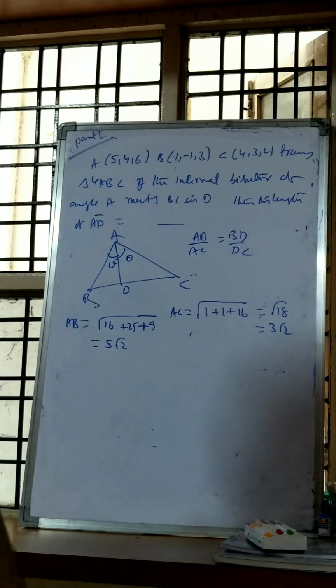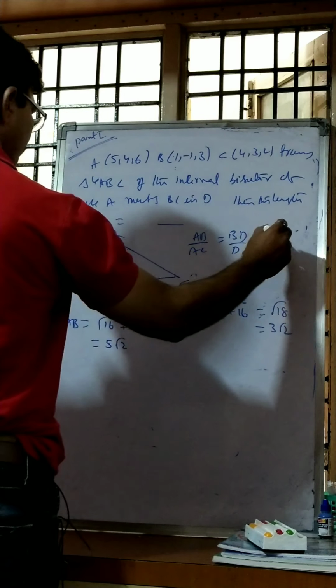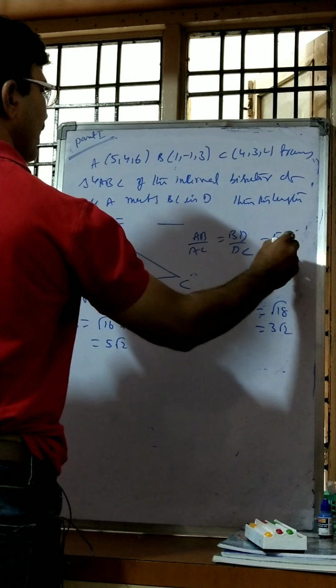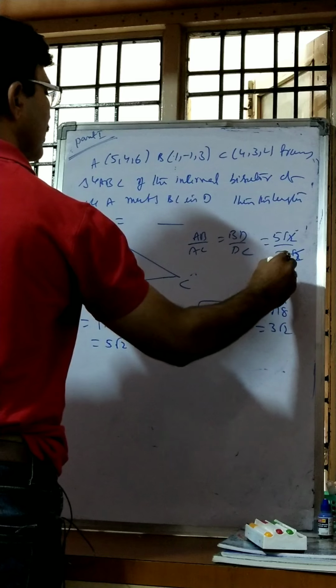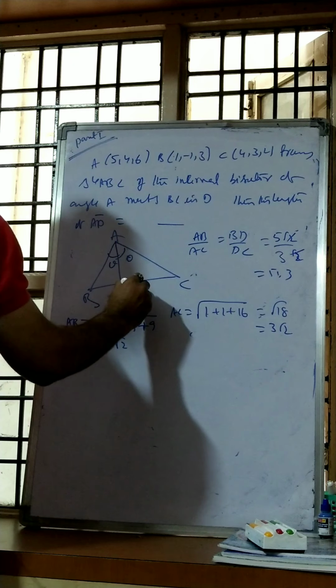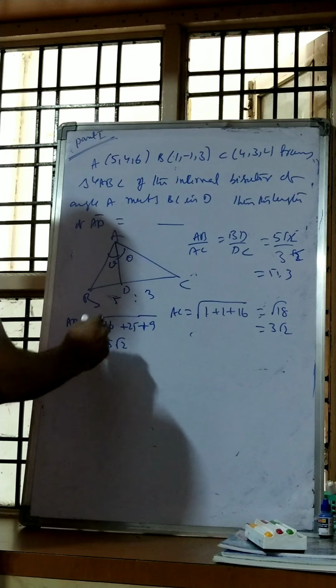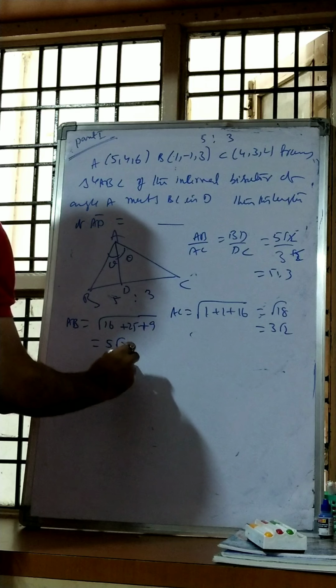Now BD by DC is there. So you can say that the ratio is 5 root 2 by 3 root 2, that is 5 is to 3. D divides BC in the ratio 5 is to 3. So now you can get D's coordinates.